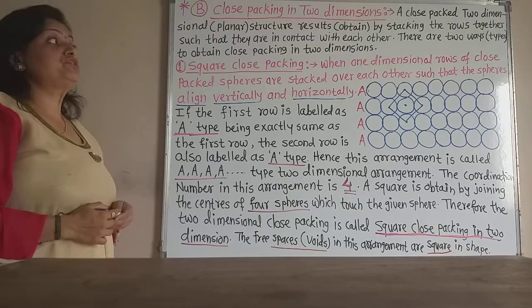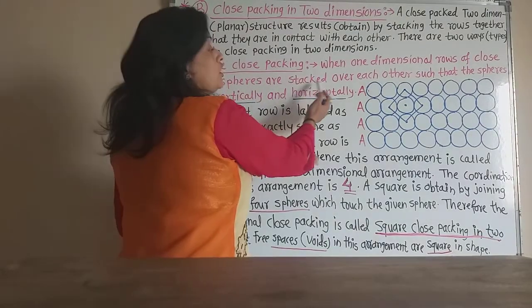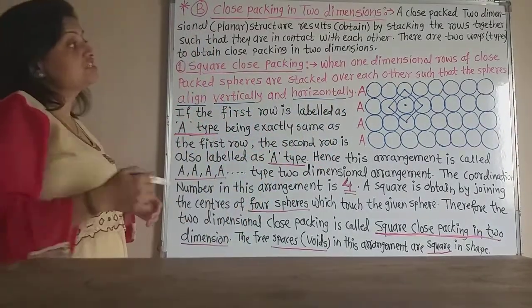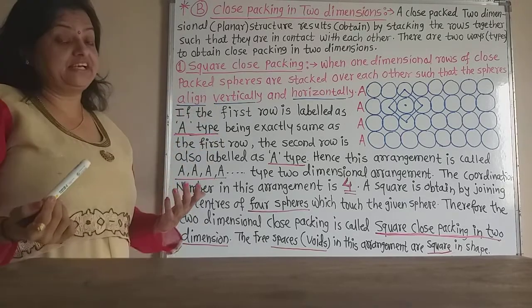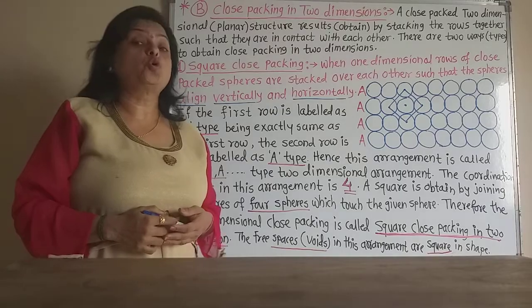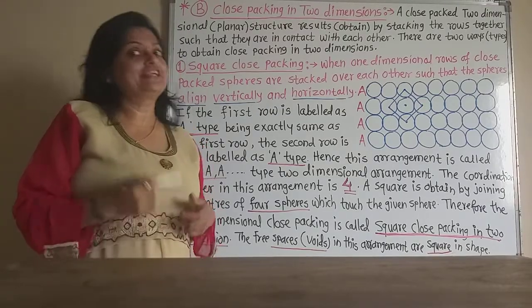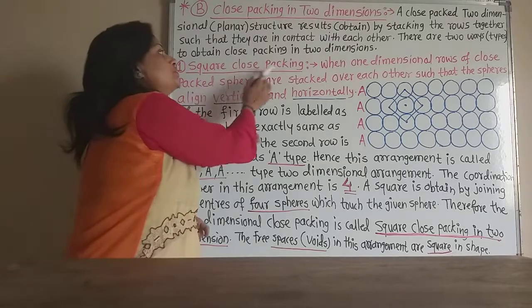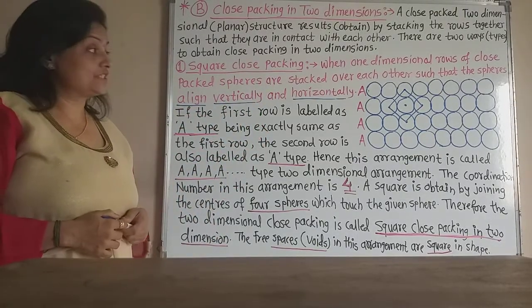When 1-dimensional rows of close packed spheres are stacked over each other such that the spheres align vertically and horizontally, then such type of 2-dimensional close packing is called the square close packing. Now why is it called square close?